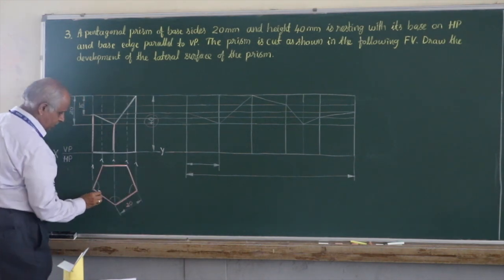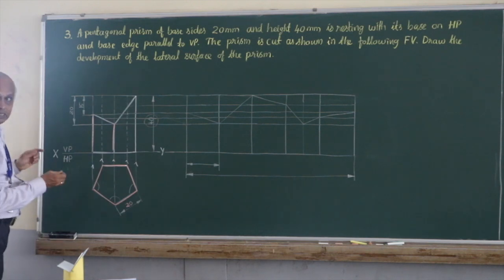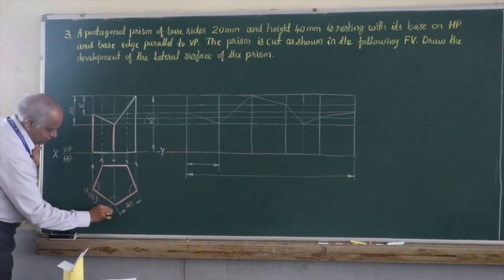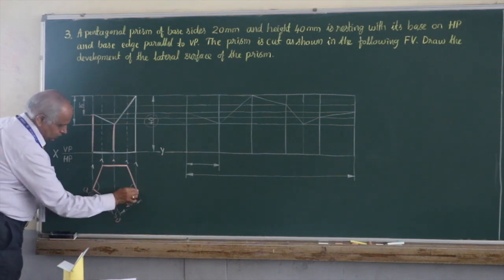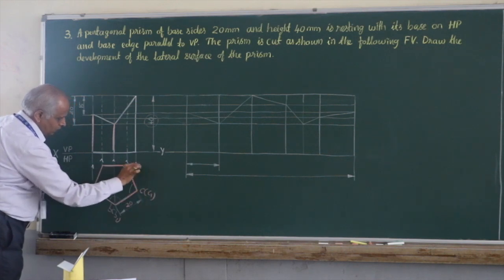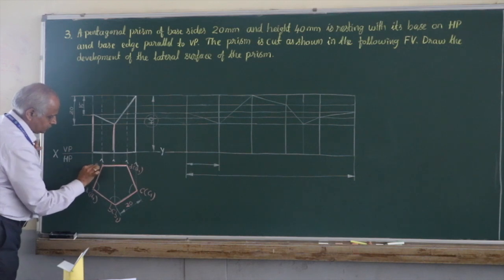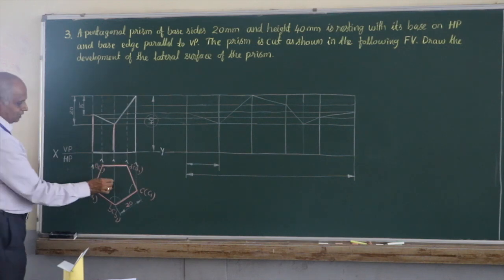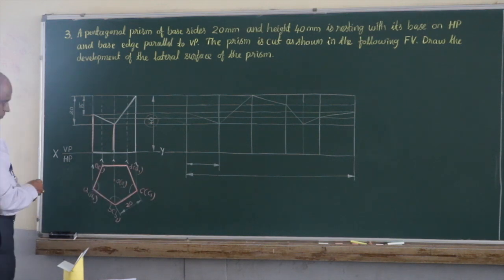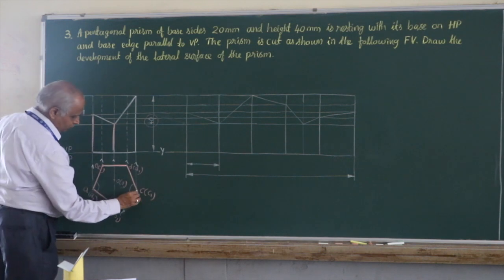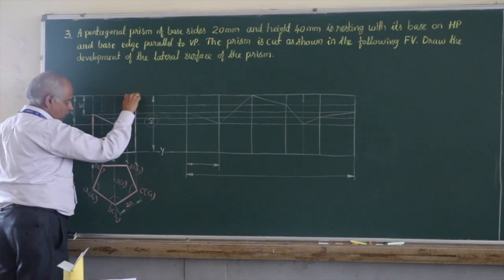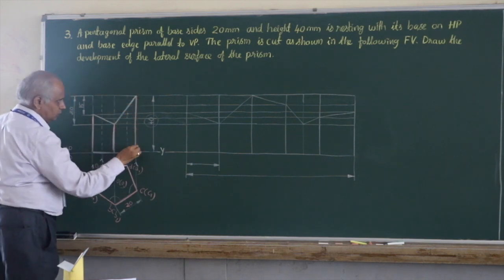When you take the projector, of course, let us name the points here. Top is A, bottom is A1, B, B1, C, C1, this is D, D1, and E, E1, and of course the axis will come somewhere here, O, O1. So when you project it up, take the projector from C, and you can get this vertical edge for a height of 40 mm.